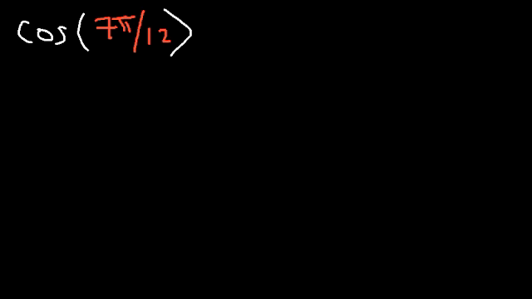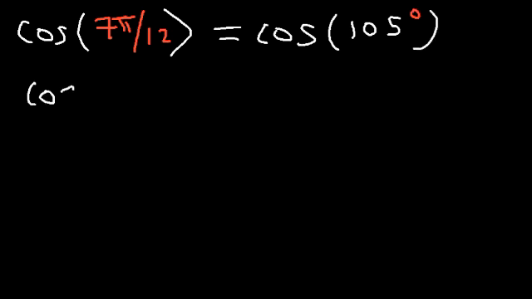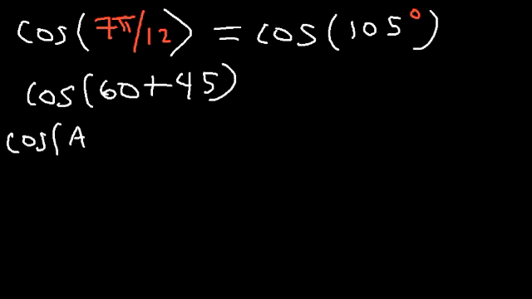So cosine 7 pi over 12 is the same as cosine 105 degrees. And 105 is the sum of two common angles, that is 60 and 45. So therefore, we need to use the formula cosine A plus B. And this is equal to cosine A, cosine B, minus.